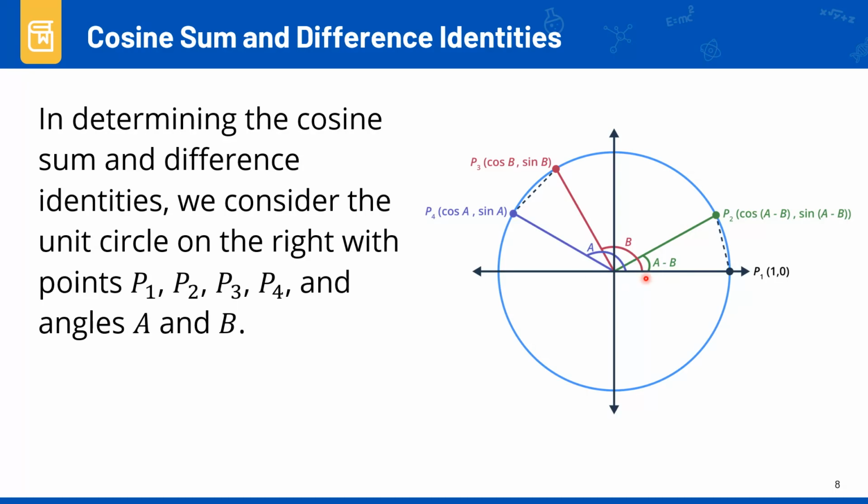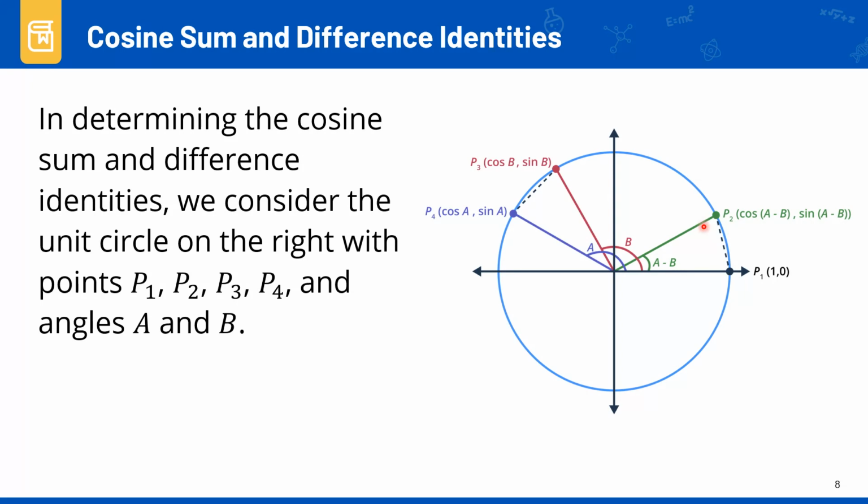So this triangle is equal to this triangle. This is actually the A minus B, in which we just translate the triangle into our first quadrant. So this triangle is equal to this triangle.